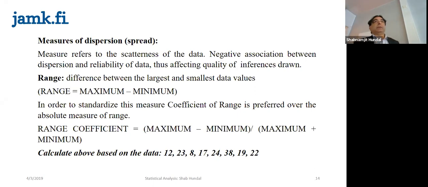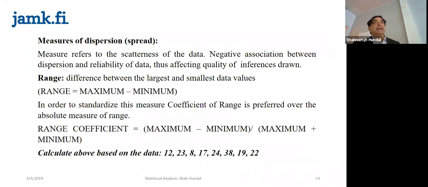Look at AC Milan. 3, 3, 3, 3, 3. Which of this data is more consistent? Which team is more reliable? AC Milan. Even though the performance level of each club is the same, because they are scoring the same average goals, the reliability of the performance may not be the same.